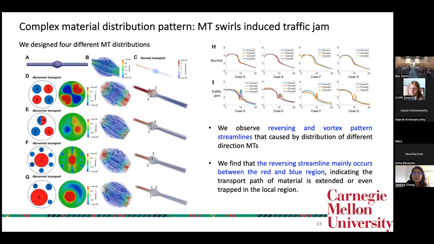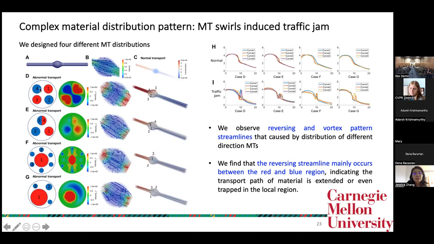For the microtubule swirl, since the pattern is very complex in 3D, we designed 4 different configurations on the cross section. You can lay out different regions for red and for blue, and then you can study what the swirl pattern looks like and compare with the normal transport.